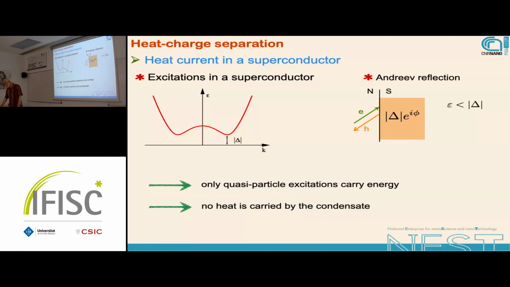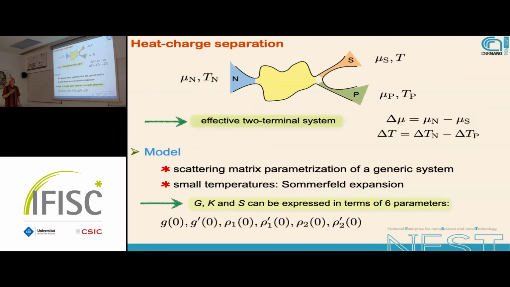So to check whether this three-terminal plus superconductor system can do something useful, we just consider this setup. We have the normal terminal with chemical potential μn, temperature Tn, the superconductor with chemical potential μs, temperature T. This would be the base temperature. The probe with chemical potential μp and a temperature.